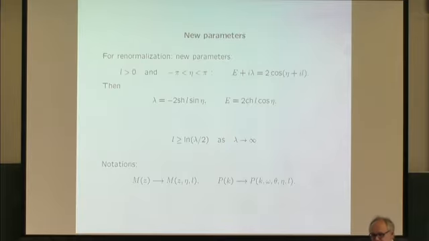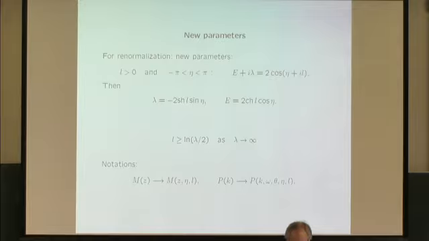I dropped the second expression for L and eta in terms of E and lambda. But I want to notice one important detail. We shall return to this detail later several times: if lambda is large, then as seen from this formula, L must be large also. L is roughly of order of log lambda.